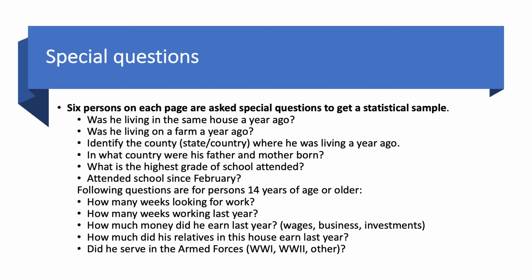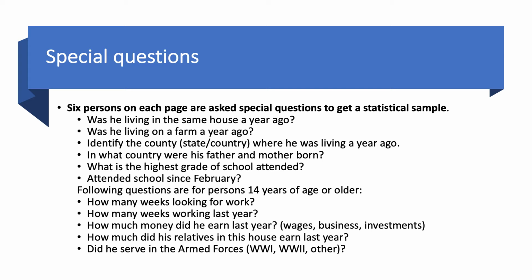And then the following questions are for persons over the age of 14. How many weeks have you been looking for work? How many weeks were you working last year? How much money did he earn last year in wages, or if he owned his own business, or as investments?